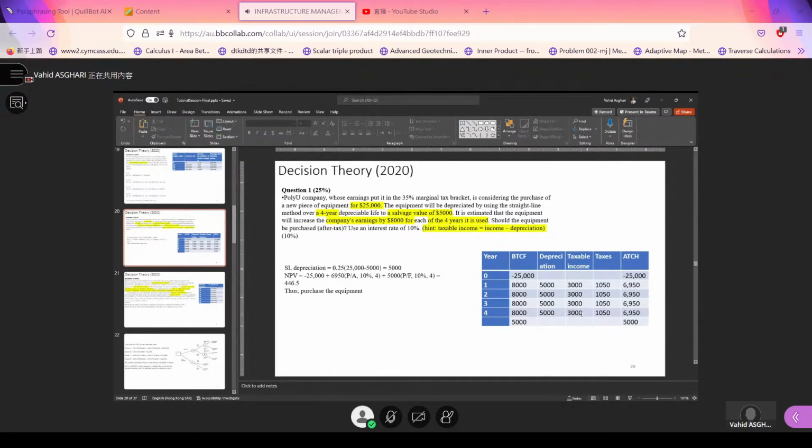We need to find the equivalent of the taxable income and apply the taxes on the taxable income. And the companies try to maximize their depreciation amount and their other expenditures to minimize the taxable income and then reduce the taxes. Got the idea? Have you heard about it before? You probably have heard about it before. This is one of the ways that people try to pay less taxes. This is a common thing.